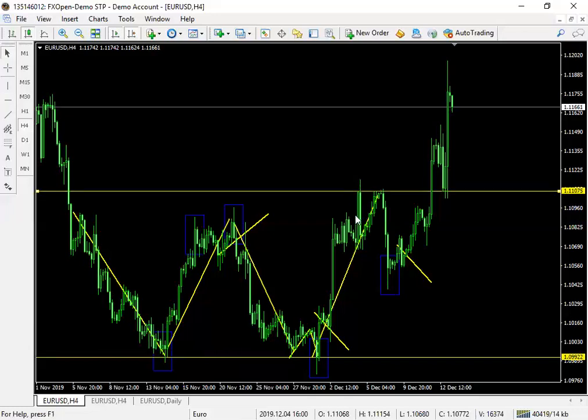The market came in, tagged that level, came in again, and it touched that 111.07 level. And as soon as it touched it, what did it do? It broke above it.